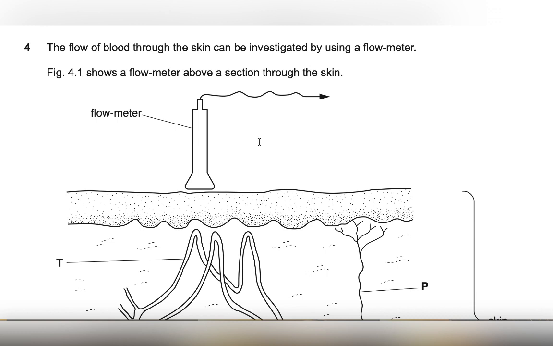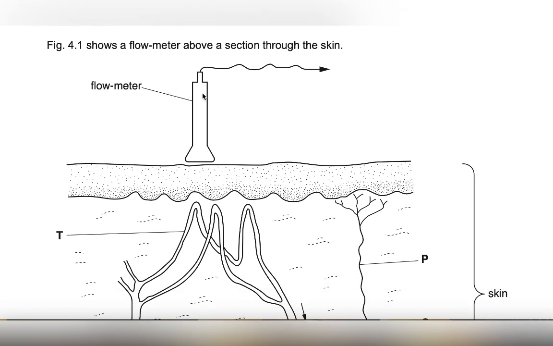Now, question 4. It says the flow of blood through the skin can be investigated by using a flow meter. Figure 4.1 shows a flow meter above a section through the skin. This is the flow meter. Above this is the skin.